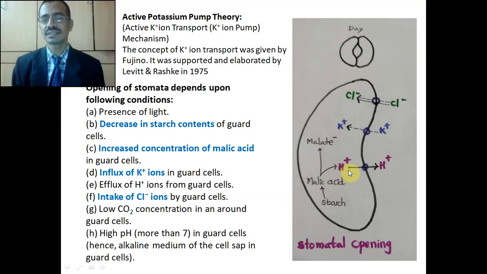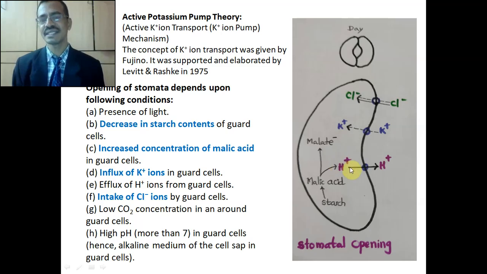Hydrogen ions play a major role in acidity, and also carbon dioxide, when it is present in the guard cells in soluble form, forms carbonic acid. So when there is a larger amount of hydrogen ions and carbon dioxide, it leads to acidity, that means a lowering of the pH.